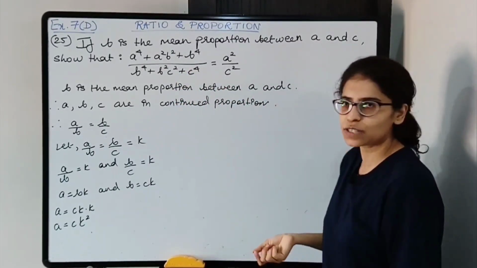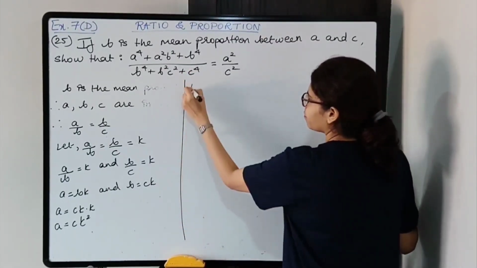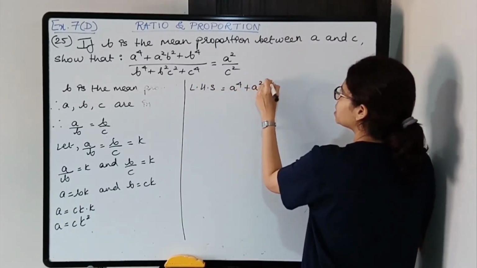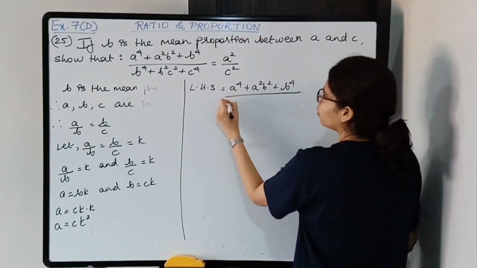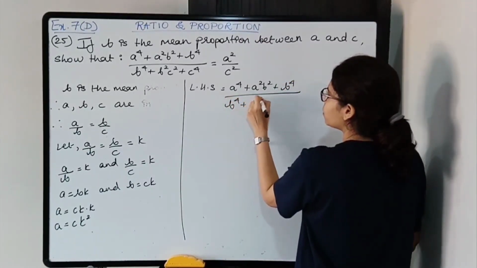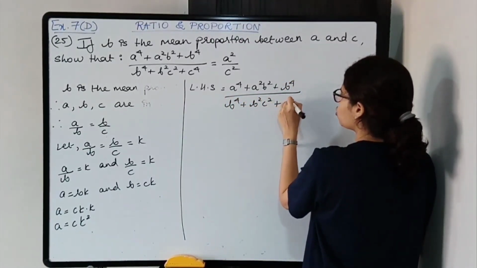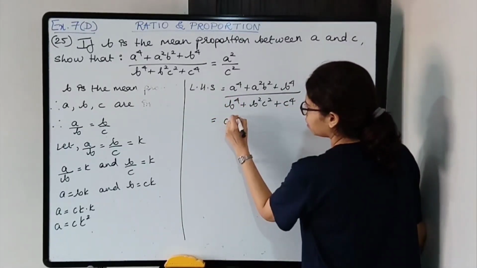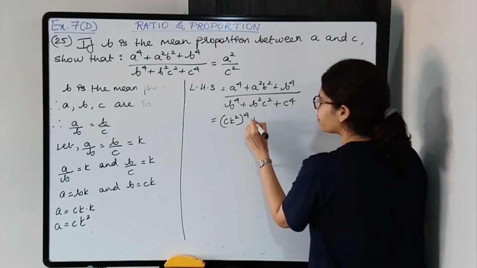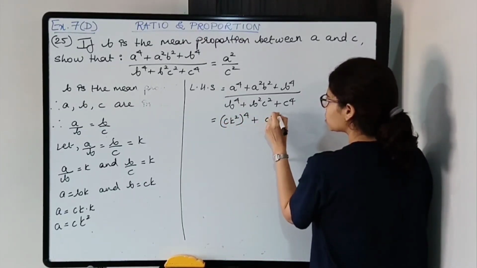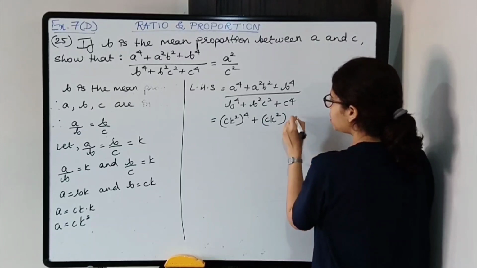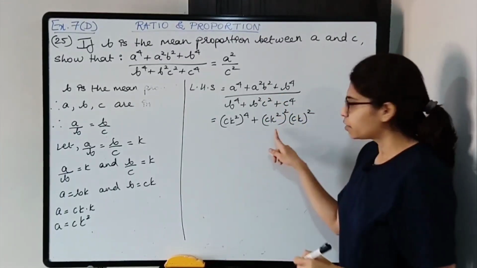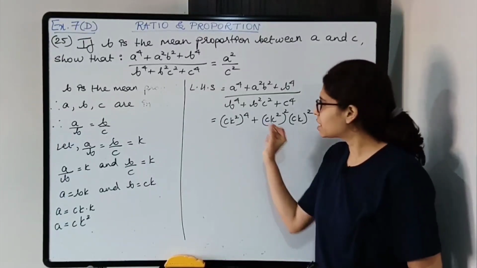Let us start with LHS first. LHS is A raised to 4 plus A square B square plus B raised to 4, upon B raised to 4 plus B square C square plus C raised to 4. So A is CK square, the whole raised to 4, plus again A is CK square and B is CK, but it also has a square. So don't forget this. Okay, don't make the mistake.